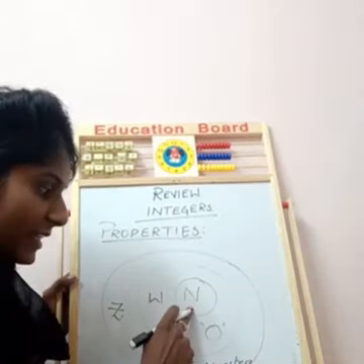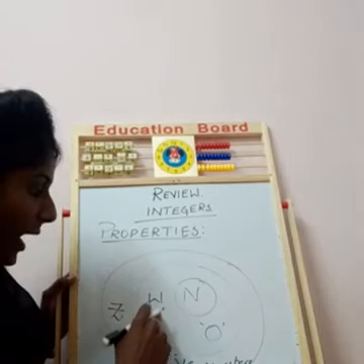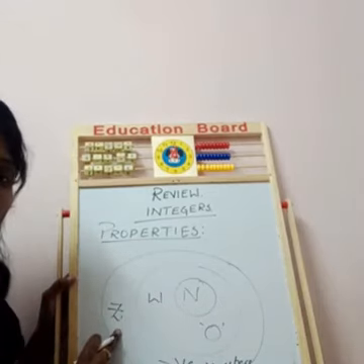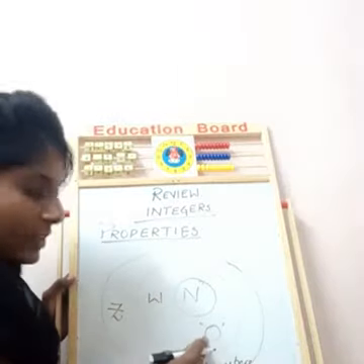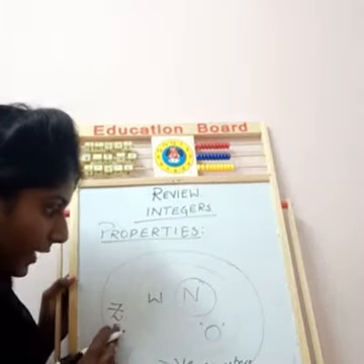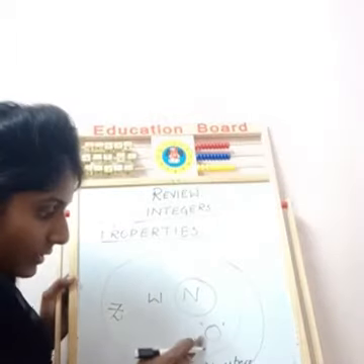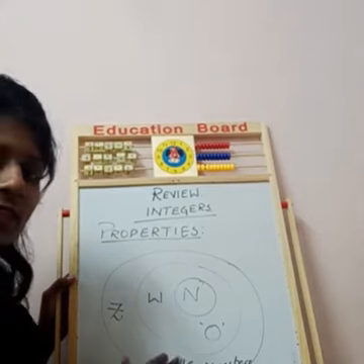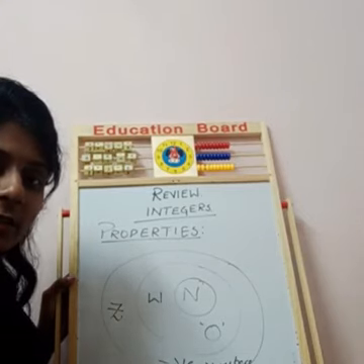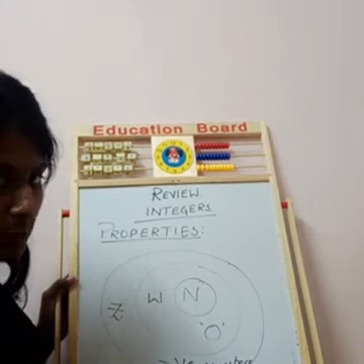Natural numbers are a part of whole numbers and whole numbers are a part of integers. Whole numbers include 0; integers include natural numbers, 0 and negative numbers. You can easily remember this diagram to remember these properties.